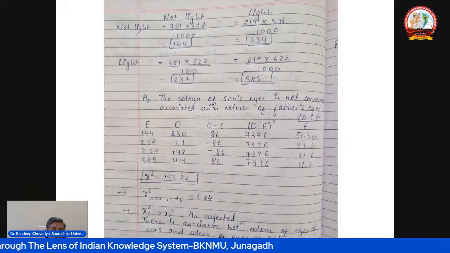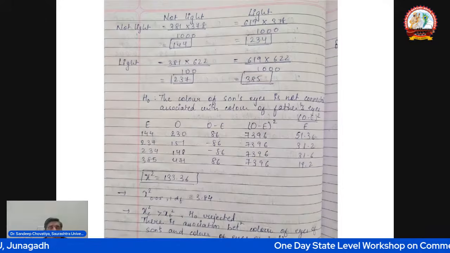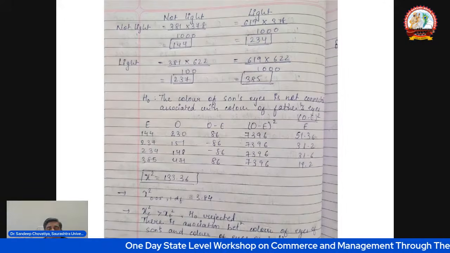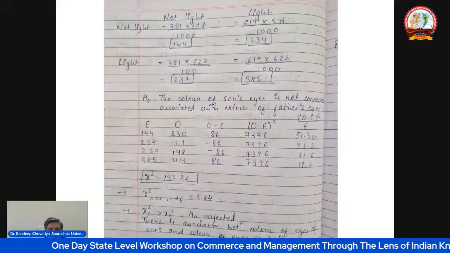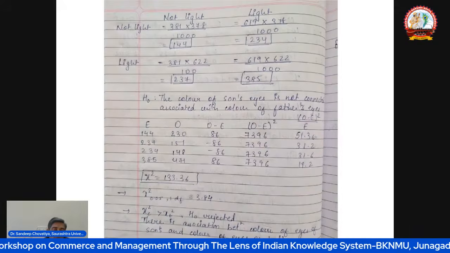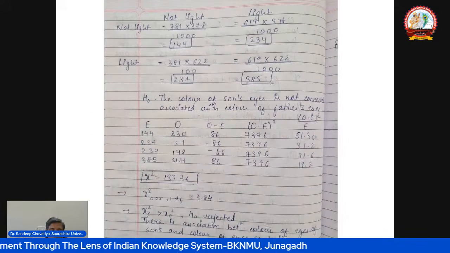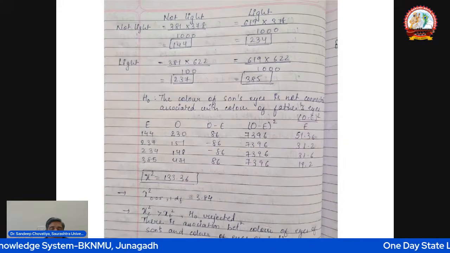We also discussed many other things: how we perform the Z test, how we perform the student t-test, how we perform chi-square, which is a non-parametric test. We also discussed correlation, regression, and how you are going to perform ANOVA.